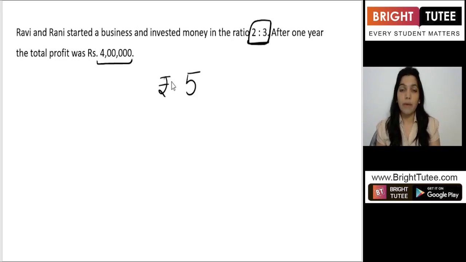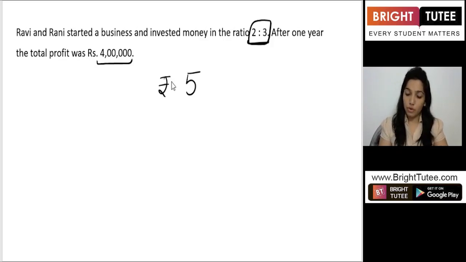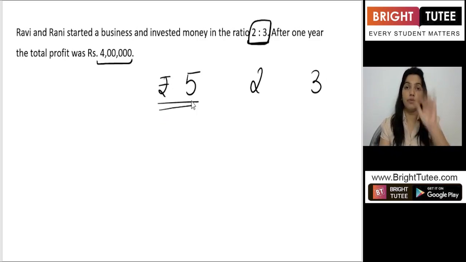Now imagine that you invested the money with a friend of yours in the ratio of 2:3. That means if 5 rupees is invested, your friend has invested 2 parts, that is 2 rupees, and you invested 3 rupees. This is for every 5 rupees.